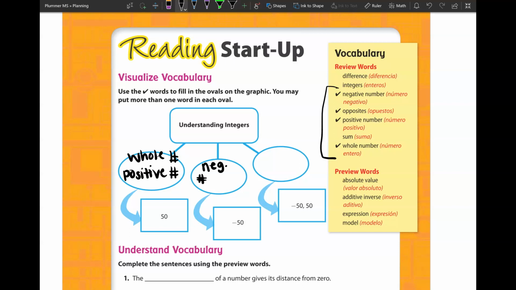The one that has -50 and 50 in it, well, those are opposites because those are integers. They're also negative numbers, and I see a positive number. I also see a whole number because 50 is considered a whole number. Okay.